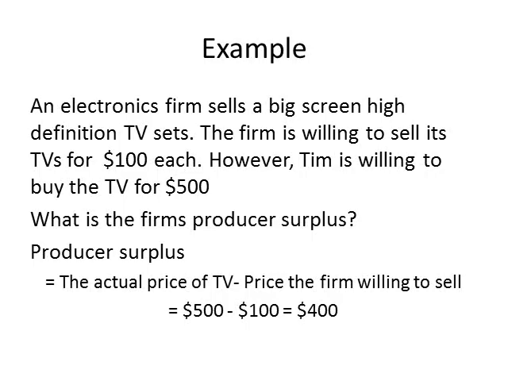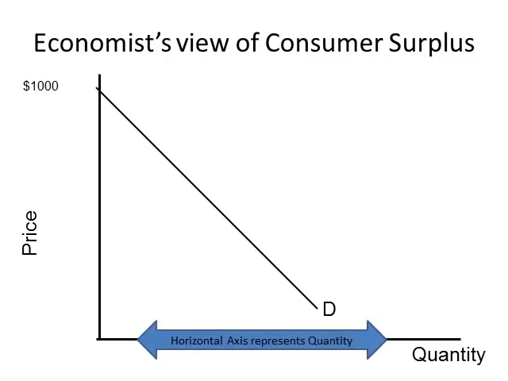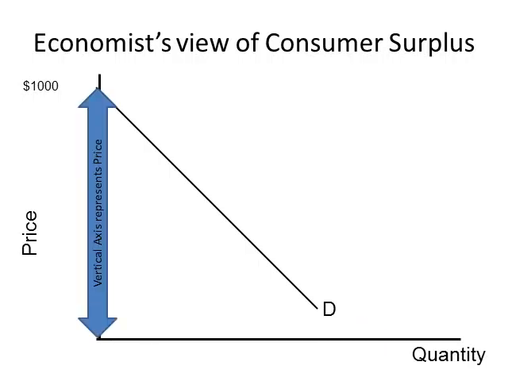Let's look at a graphical representation of the producer surplus. Let's look at the situation on the graph. Before starting on the economics of the graph, let's take a minute to review the graph. The horizontal axis represents the quantity of the good, and the quantity increases as one moves from left to right. The vertical axis represents the price, and as one moves from bottom to top, the price increases.